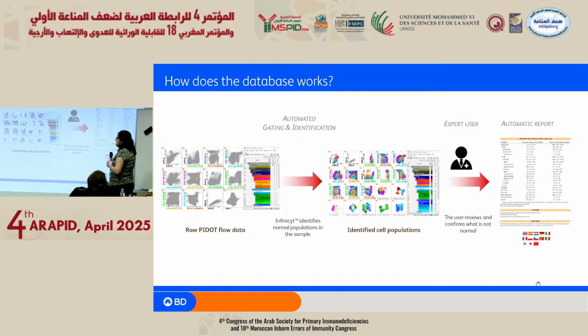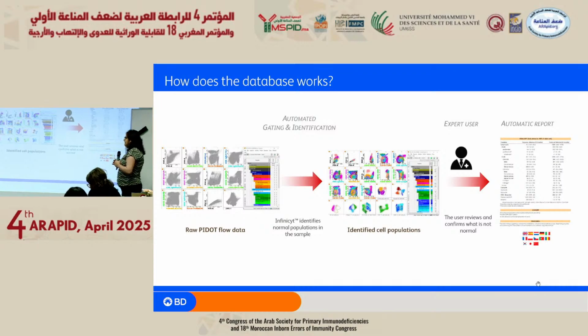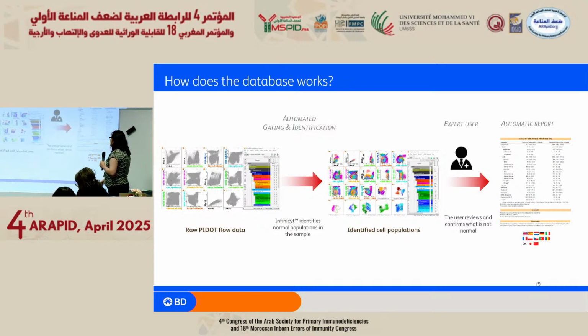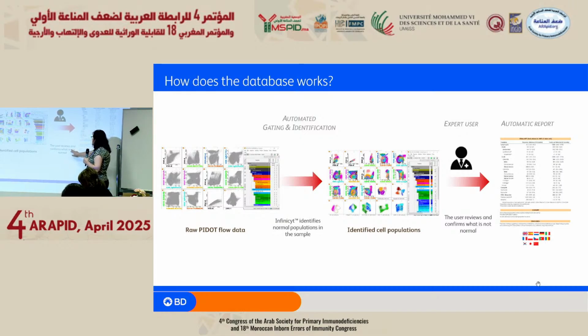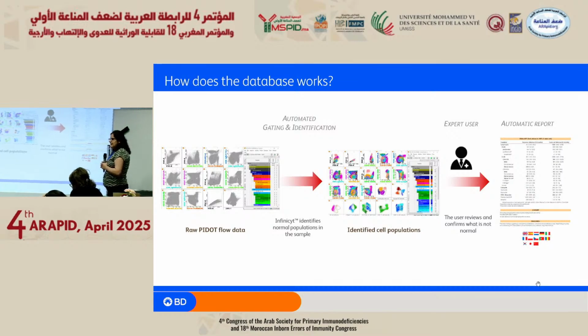Then, of course, because it's still a diagnosis, we cannot trust blindly in any automatic tool. So a user needs to review and confirm that the results are correct, and then an automatic report is created in different languages.